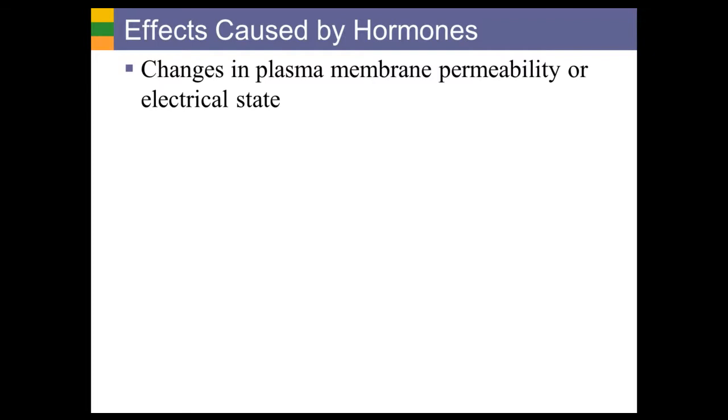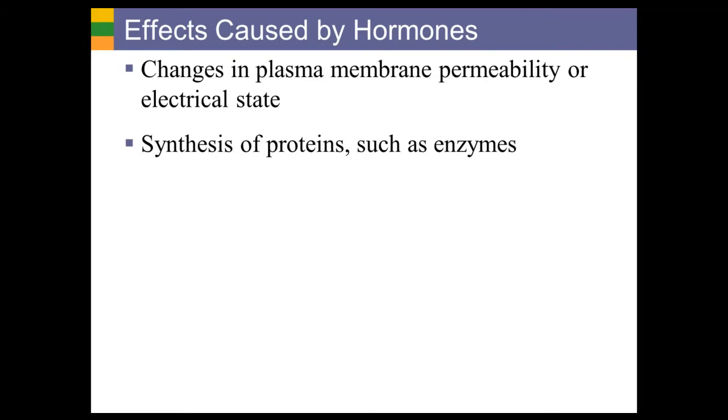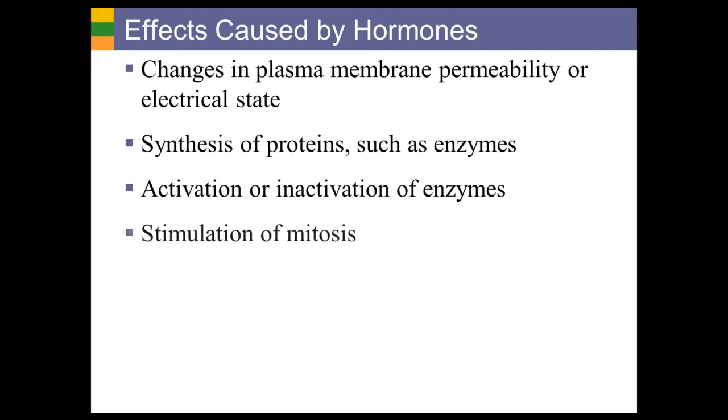It could depolarize that cell, for example. Hormones, when they bind their receptors, can turn on the synthesis of proteins like enzymes, or can synthesize proteins that act as channels in the plasma membrane or carriers. They can activate enzymes. They can deactivate enzymes.